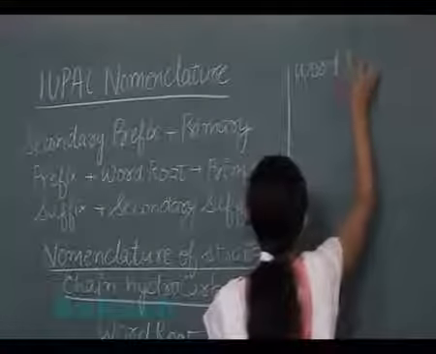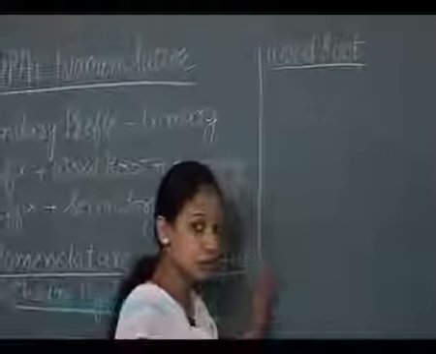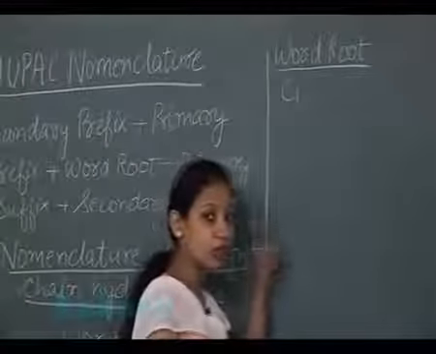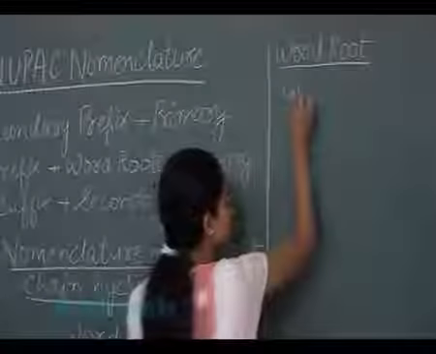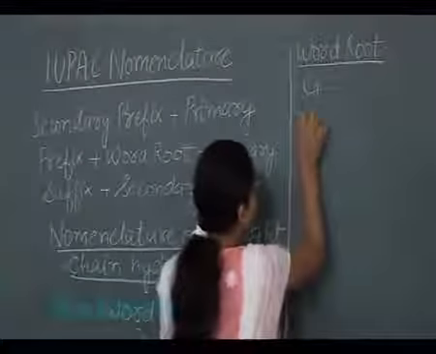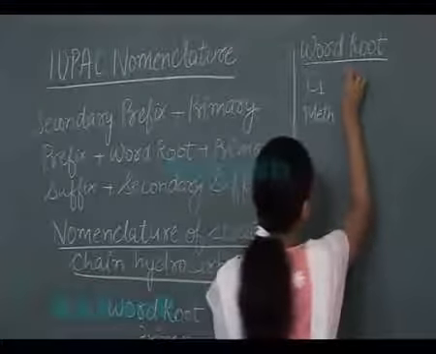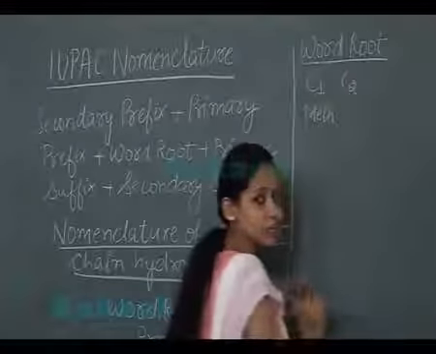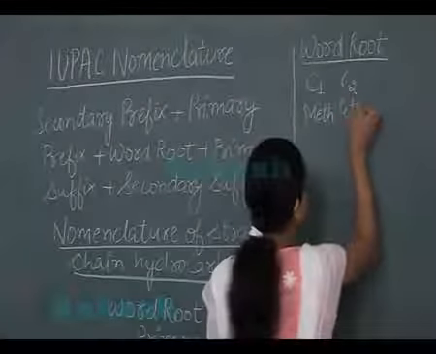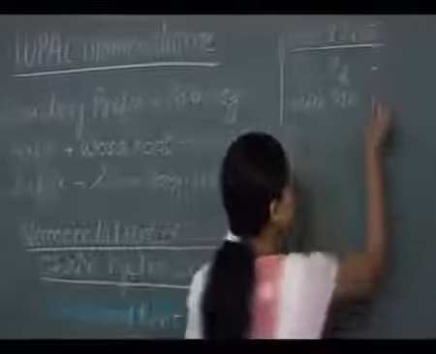If the organic compound has only one carbon atom, that means C1, then its word root is meth. If it has 2 carbon atoms, it is given the name eth. The word root for 2 carbon atoms is eth.